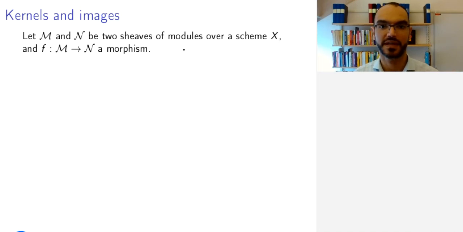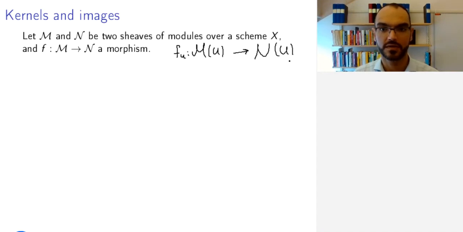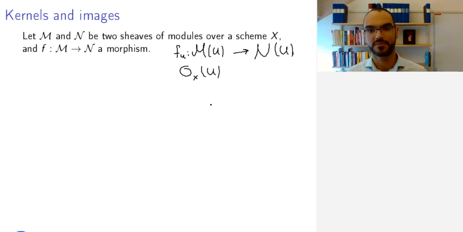Remember that this gives us a map F_U from M of U to N of U. That is a module homomorphism over the ring O_X of U, and this is compatible with restrictions.